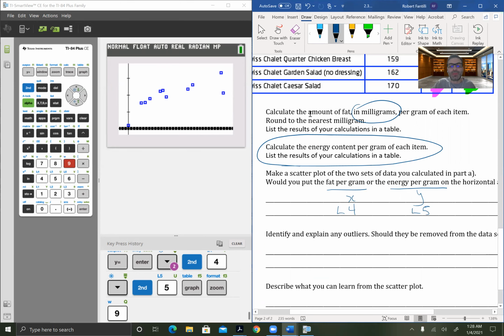You can explain it away by just saying that's part of the data, and so we're including it. We don't want to just take it out. But when you're doing your line of best fit, that's when it's important to consider. You're not going to consider the outliers when you're drawing a line of best fit. You still want an equal number of dots above and below, but you're not considering the outlier. There's only one or two here, so we would just draw our line of best fit accordingly.